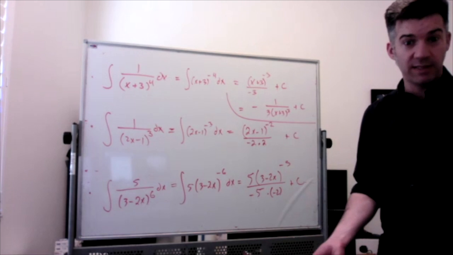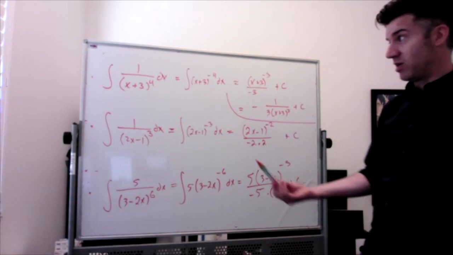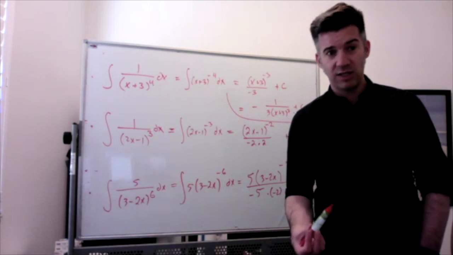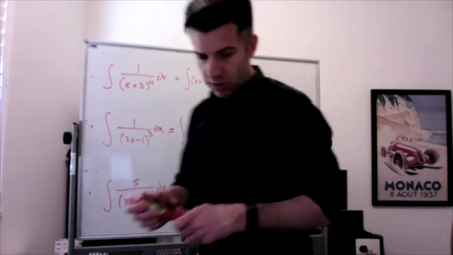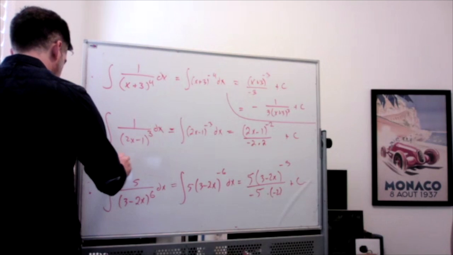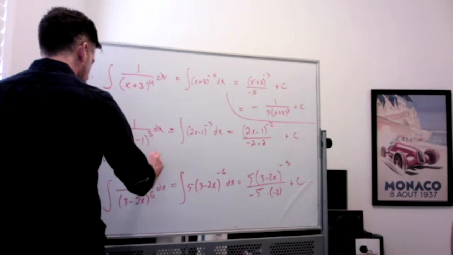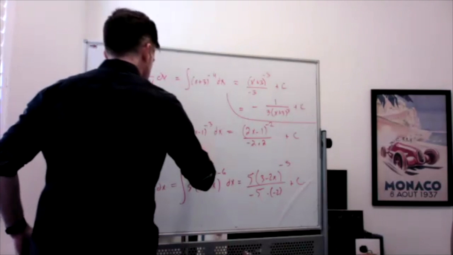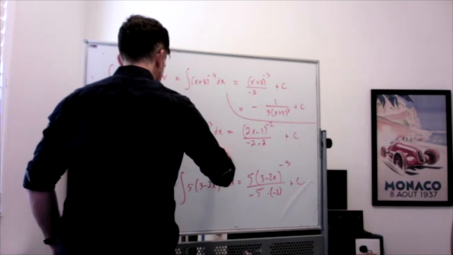Again, I'm not too worried about simplifying it. But what I really want to emphasize is that you're going to see integrals like this, and you want to be able to anti-differentiate them without having to do a substitution. Like you could totally have said, all right, we're going to let u equal 3 minus 2x, and then du is negative 2 dx, and then negative 1/2 du equals dx.